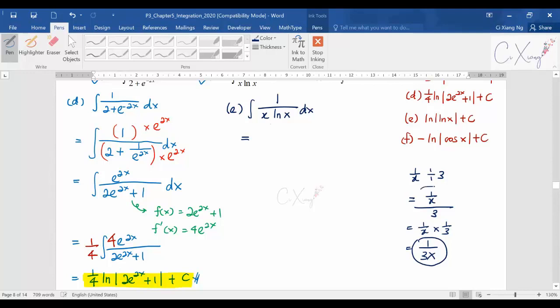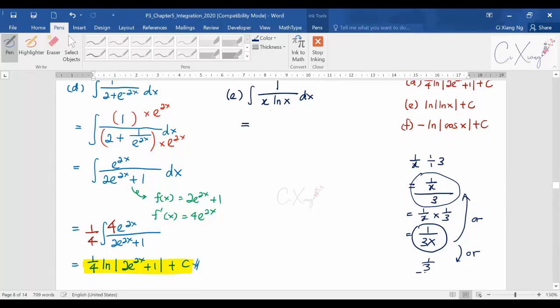So have a look at this one and this one. That means when you're having 1 over 3x, you can rewrite it as 1 over x divided by 3, or you can write it as 1 over 3 divided by x. You can either pull the 3 up or you can pull the x up.